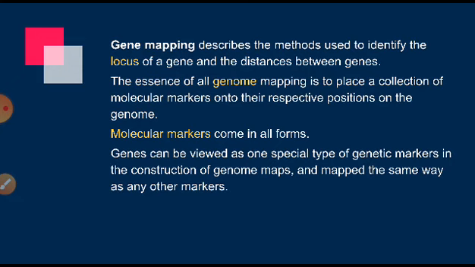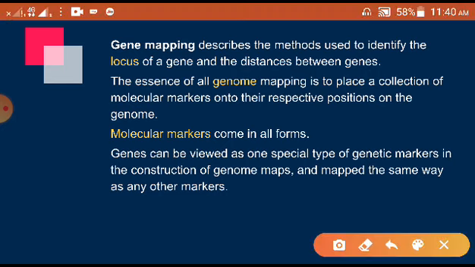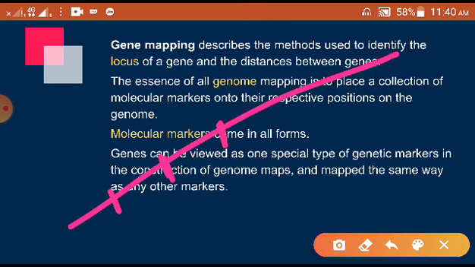The essence of all genome mapping is to place a collection of molecular markers onto their respective positions on the genome. So what does it mean? It means suppose that this is your genome. In that particular genome, suppose that you want to mark that in this area one gene is present, here one gene is present, here that gene is present.